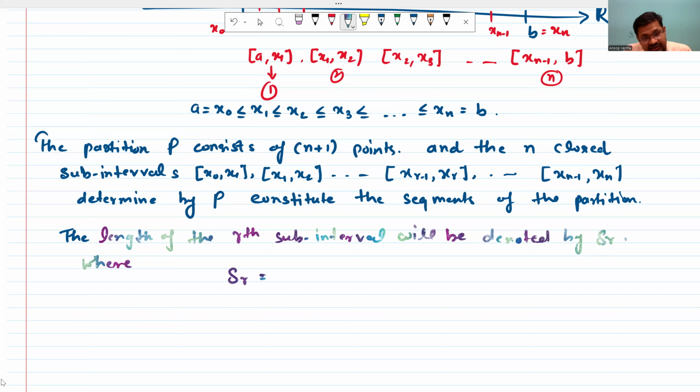So length means xr minus x(r minus 1), for r being any of 1, 2, 3, up to n. How many intervals are there? n intervals are there. Okay, so this is how delta r is defined. Now the norm of the partition.